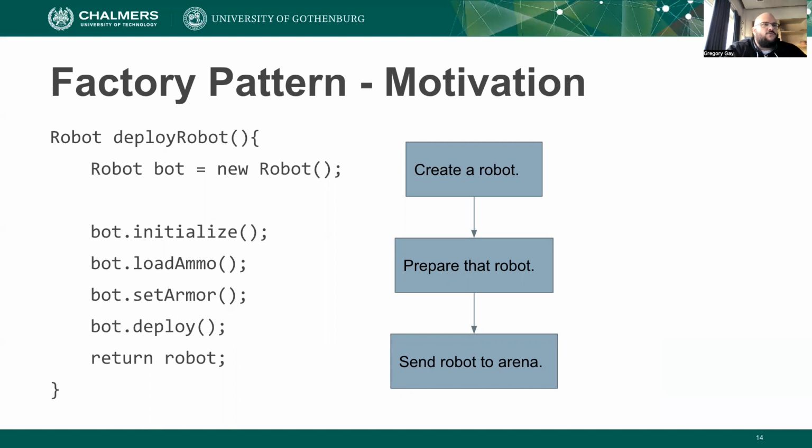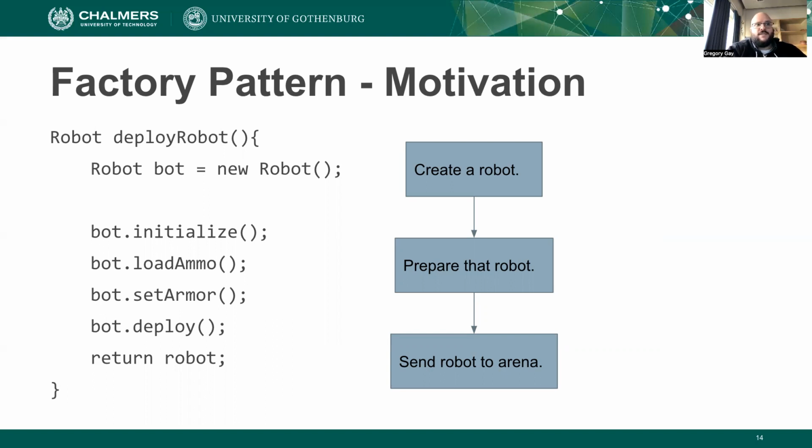We initialize a robot, we load its ammo, we set its armor, and we deploy it. Now, the specifics of what happens when you call those methods might be different for different robots. Some robots have different ammo, some have different armor, some have different initialization procedures, and so on. But we want the same sequence of events to occur for any robot.